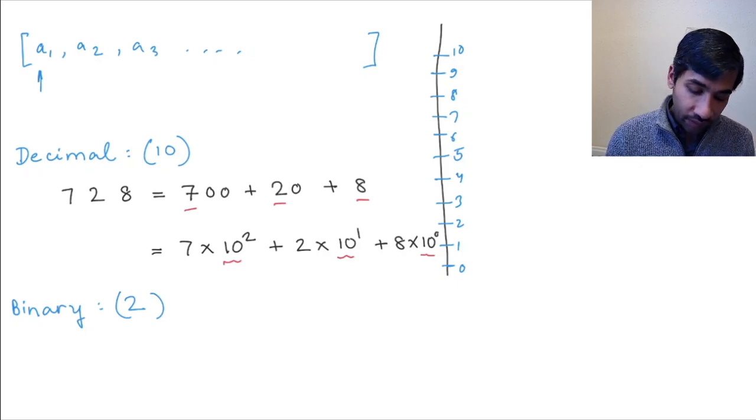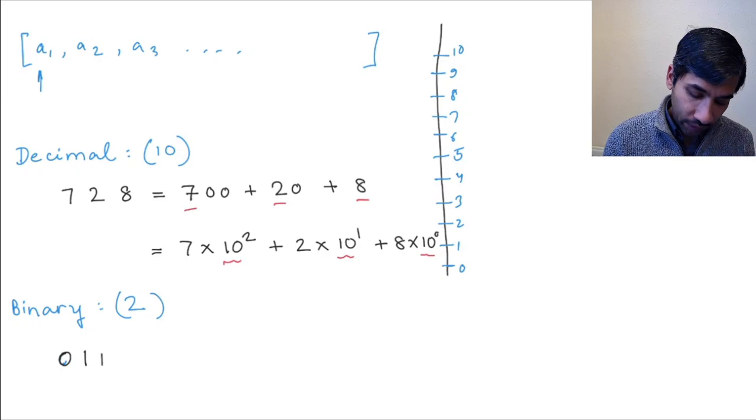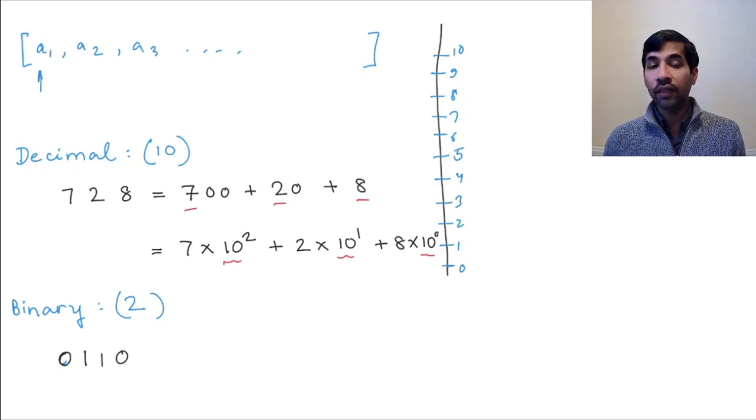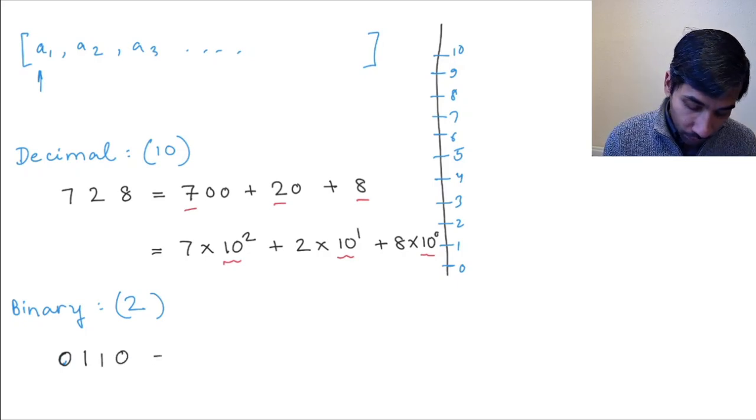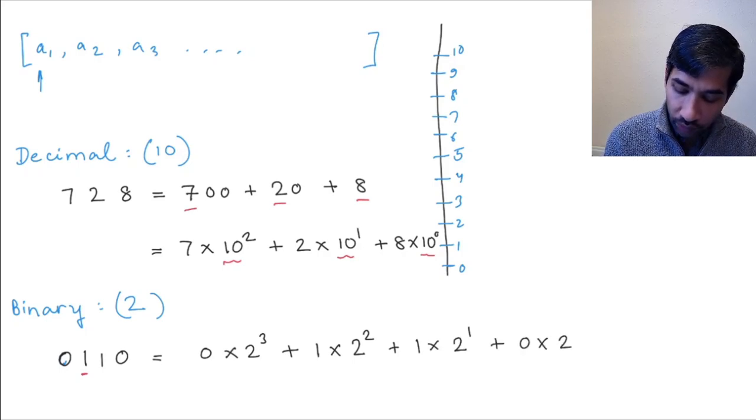So if I write a number, let's say 0, 1, 0, okay, what do I mean by that number? What I mean is 0 times 2 to the power 3, plus 1 times 2 to the power 2, plus 1 times 2 to the power 1, plus 0 times 2 to the power 0.